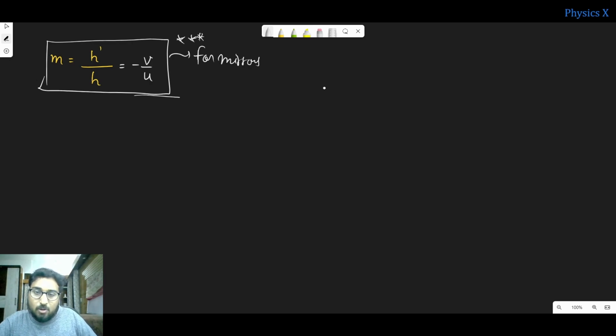Okay, so now let us see this case. This is h dash by h, right? In the first case, if m is greater than 1, that means h dash by h is greater than 1, where magnification is happening.